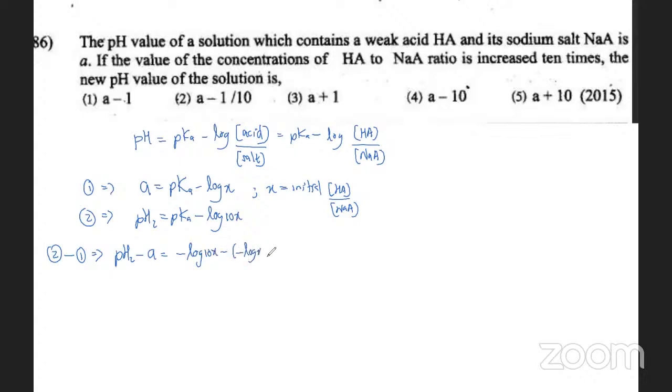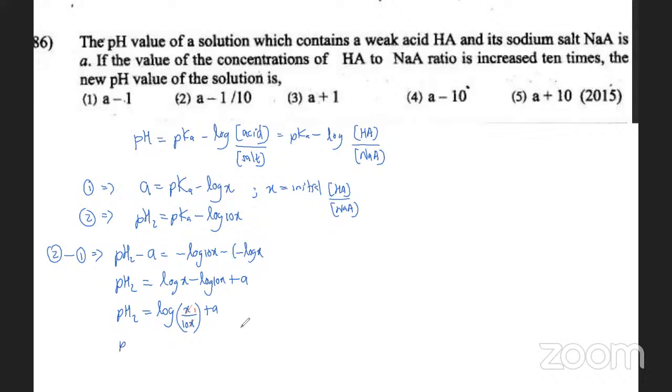So pH2 equals log X minus log 10x, and this minus A comes to the other side, becomes plus A. There are two log values which are subtracted, so you can write them inside the log and divide them, x over 10x, plus A. Okay, so x inside the log will get cancelled out. I hope you guys understood what log A minus log B can be written as log of A over B, O level. And then finally I have log 1 over 10.